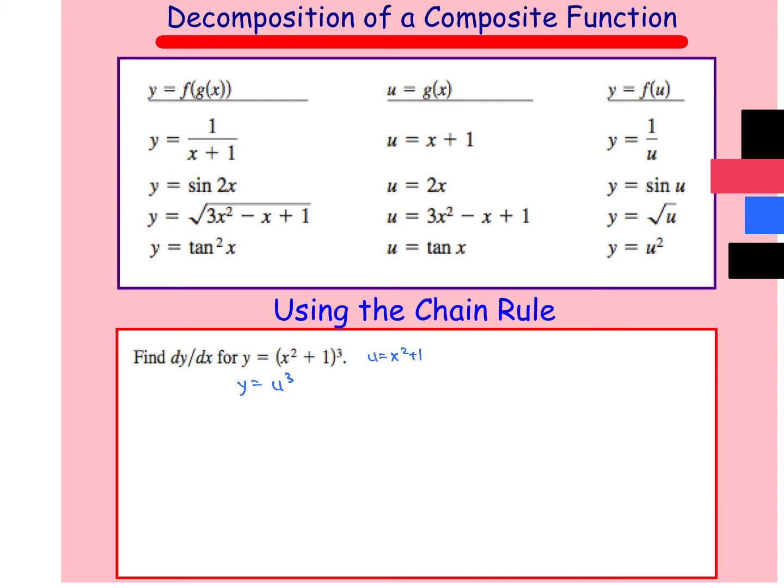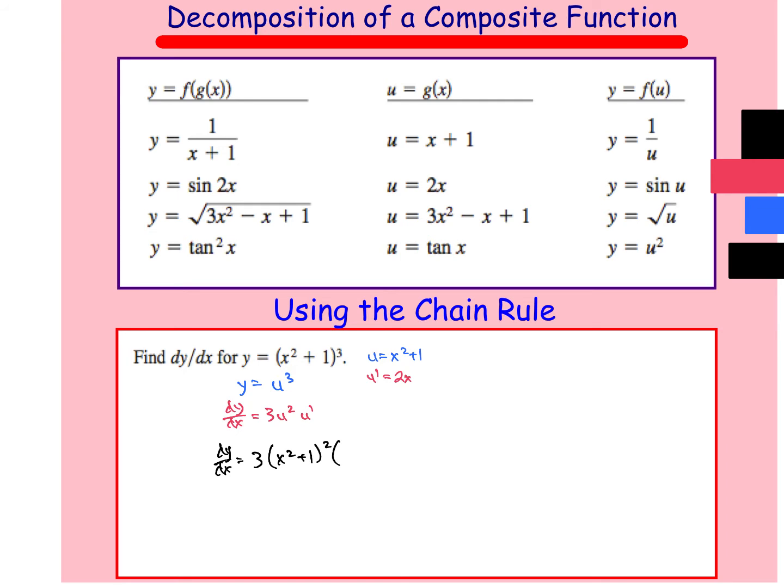True? So if I take a derivative of it, I could say dy/dx is equal to, what would be my derivative of u cubed? 3u squared. But then a u prime pops out. And so I need to find u prime. And so u prime would end up being what here? 2x. And now I would back substitute everything. So now I would have dy/dx equal to 3 times, what's my u? x squared plus 1 squared.